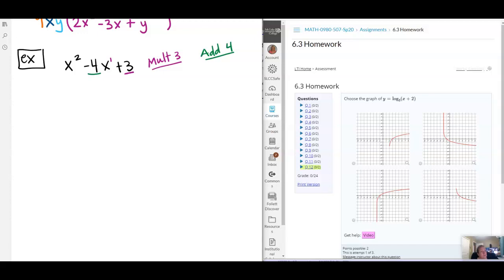Well, on this one, there's only one thing that we can think of that multiplies to be 3, and that's 1 times 3. But how are we going to get these to add to be a negative 4?